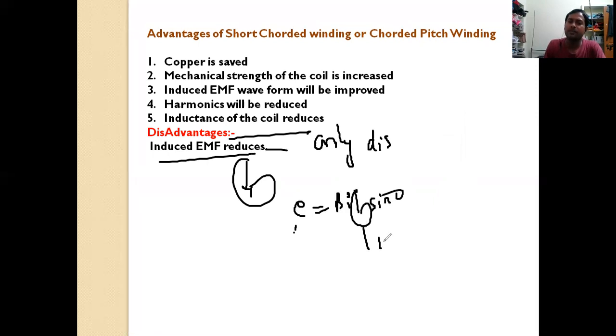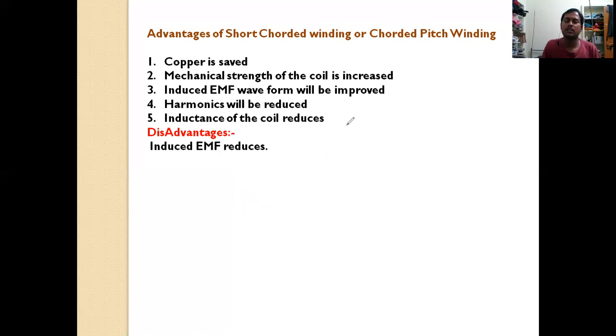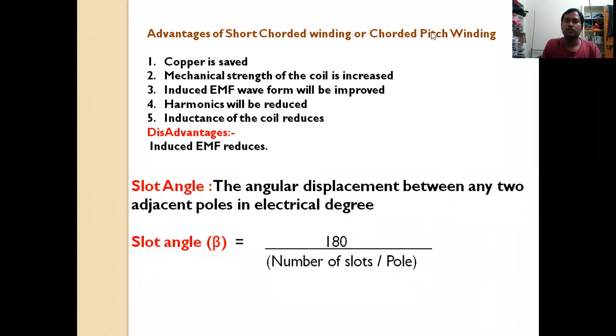L is nothing but the length of the wire. So we are shortening the distance, or nothing but reducing the length of the wire, so the induced EMF will decrease. This is one of the disadvantages. You can understand this further while solving problems, how EMF decreases in short pitch winding.